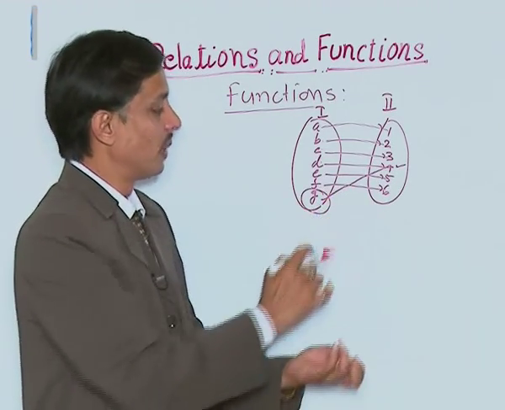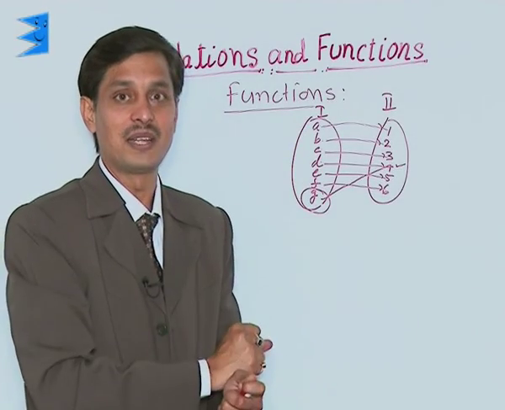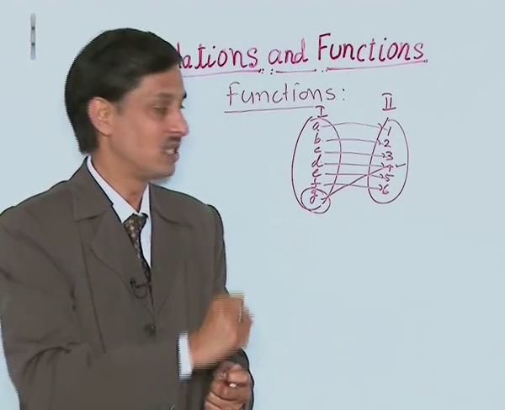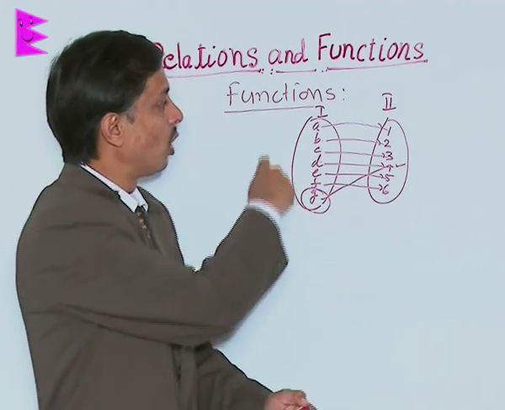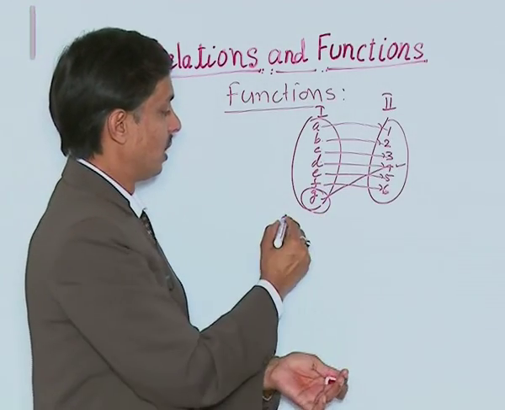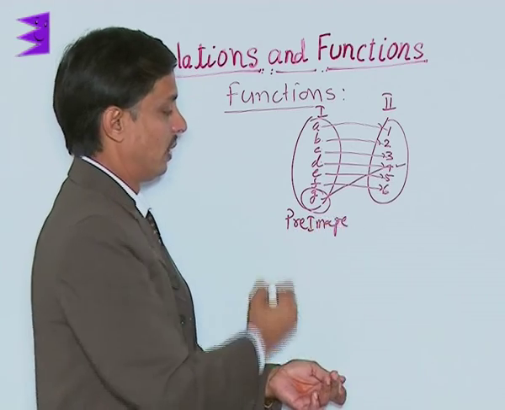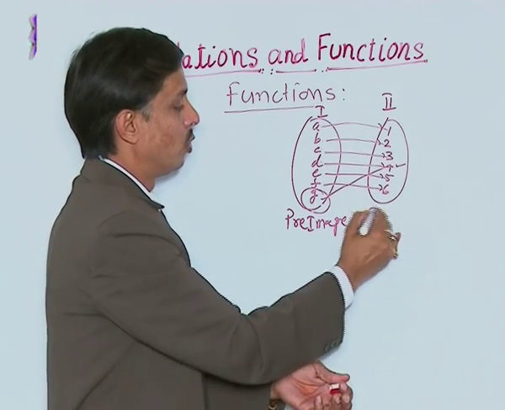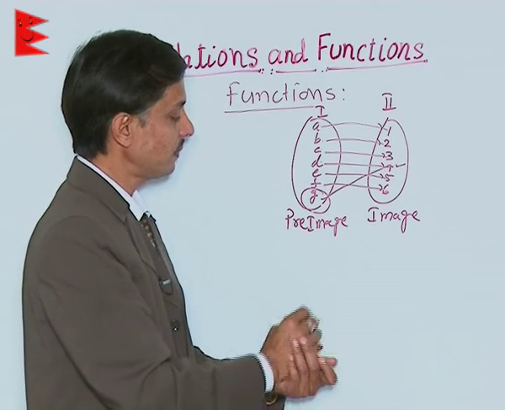It is possible that two or more elements of the first set can have the same image. We call the elements of the first set pre-images, and the elements of the second set are known as images.